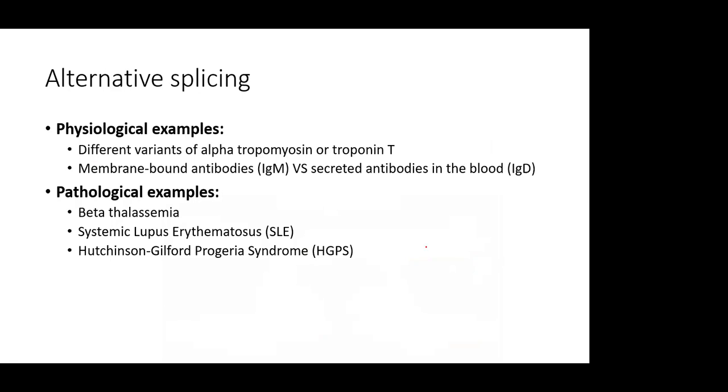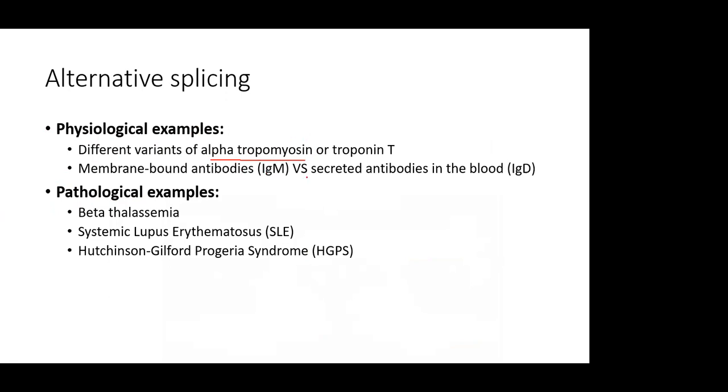Okay, alternative splicing has two categories. One of them is physiological examples, and the other one is pathological diseases, basically. For physiological examples, one of them is the alpha tropomyosin example. This is a protein in the muscle. We're going to talk about that in the next few slides.